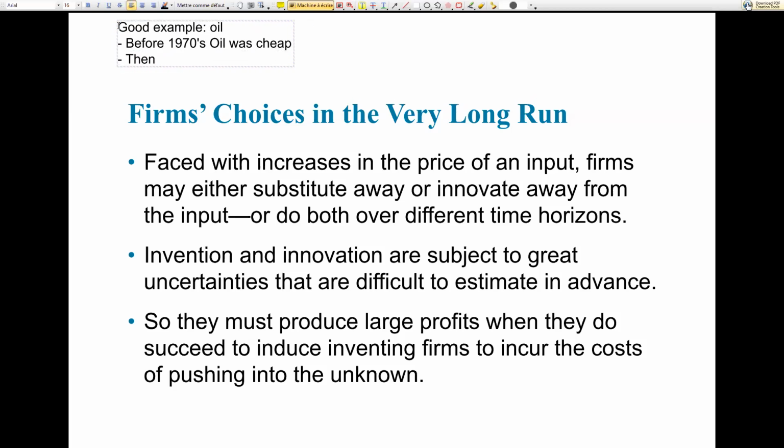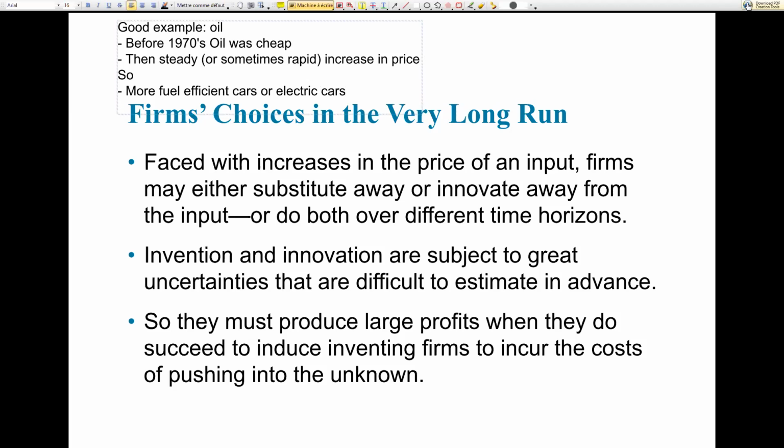Then a steady or sometimes rapid increase in price. So more fuel efficient cars. And now we have electric cars.